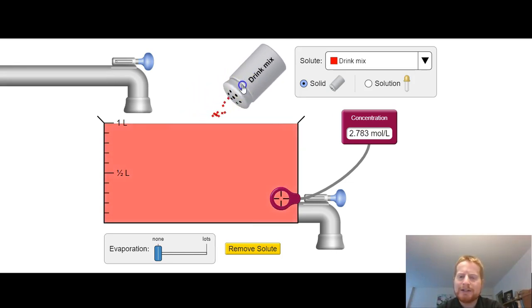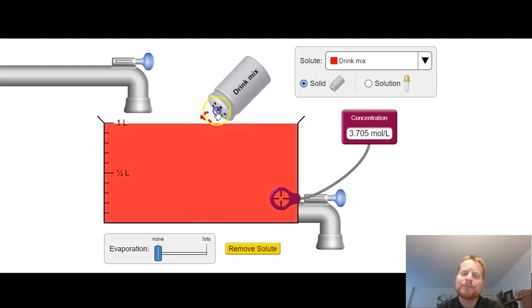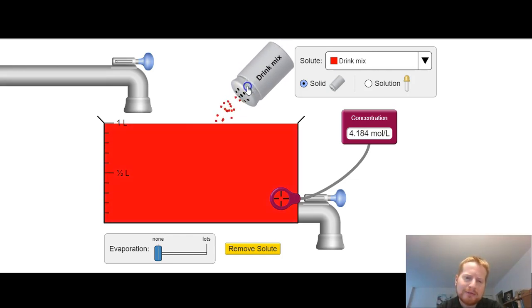So then this is actually more concentrated than what we just looked at. And dilute and concentrated are relative terms. So originally there wasn't all that much solute, so it was dilute. And now, wow, look how dark that red is. This is actually concentrated now. So it's just how much solute you have. A little bit's going to be dilute and a lot's going to be concentrated.